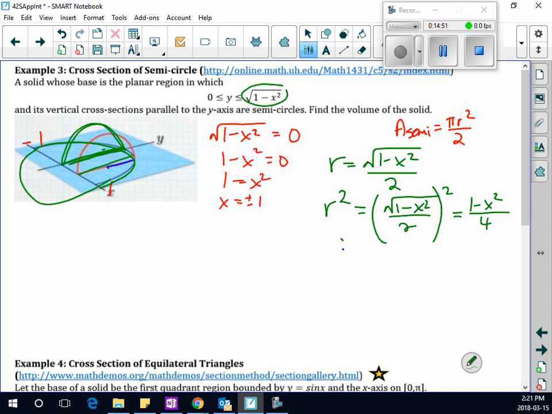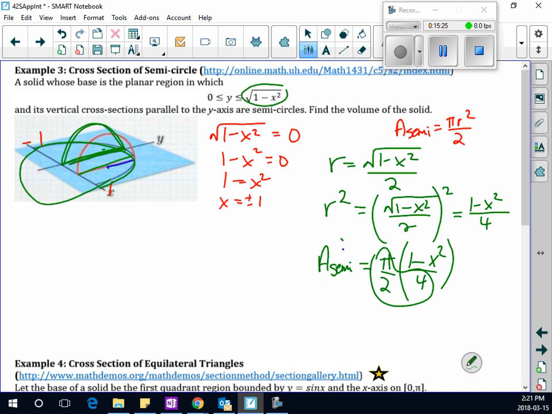Okay, and then the area of a semicircle is going to be pi times 1 minus x squared over 4, over 2. So I'm going to pull out pi over 8. Are you okay with that? Because this whole part is the constant.